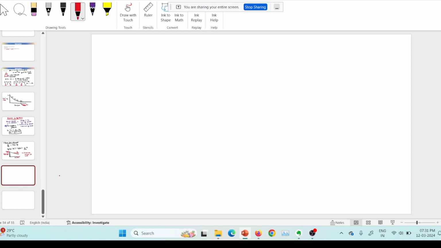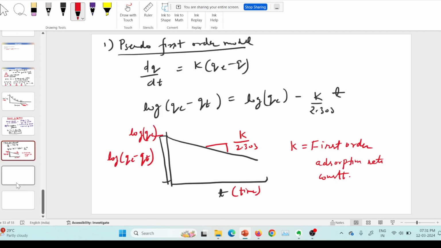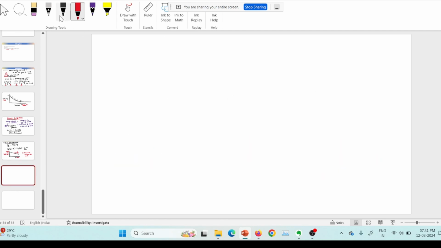It is also called Lagergren's model. That was the first one.